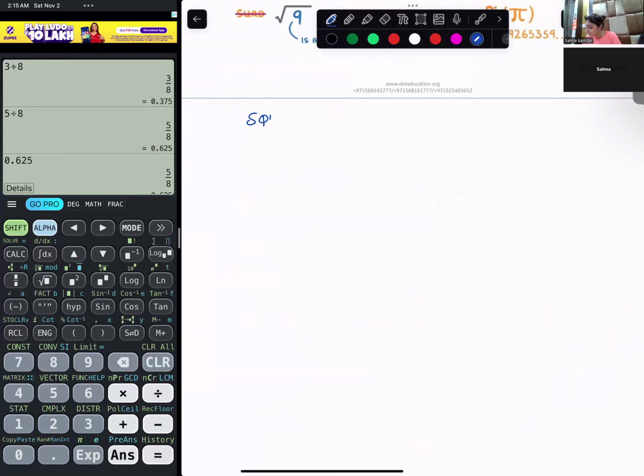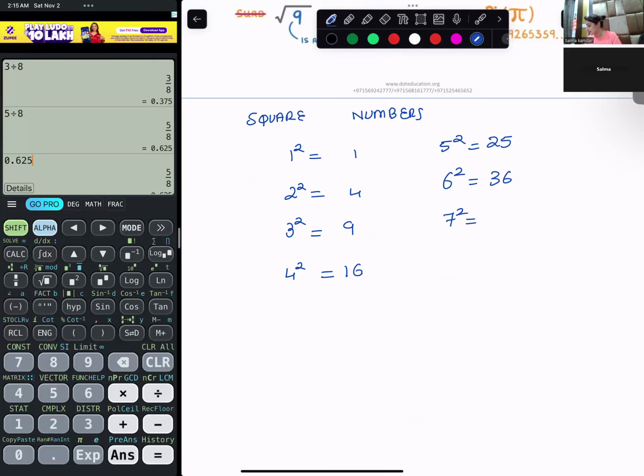So what are square numbers? 1 squared is 1, 2 squared is 4, 3 squared is 9, 4 squared is 16, 5 squared is 25, 6 squared is 36, 7 squared is 49, 8 squared is 64, 9 squared is 81 and 10 squared is 100. So these are square numbers.